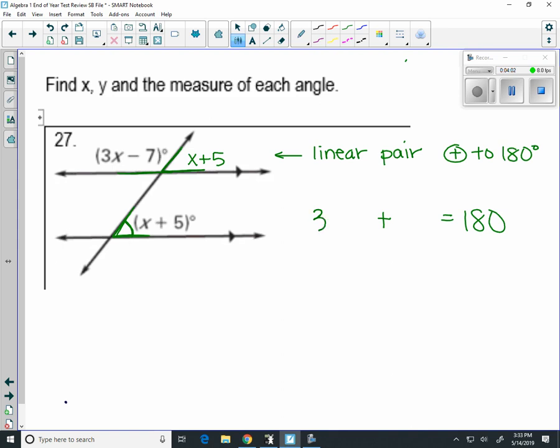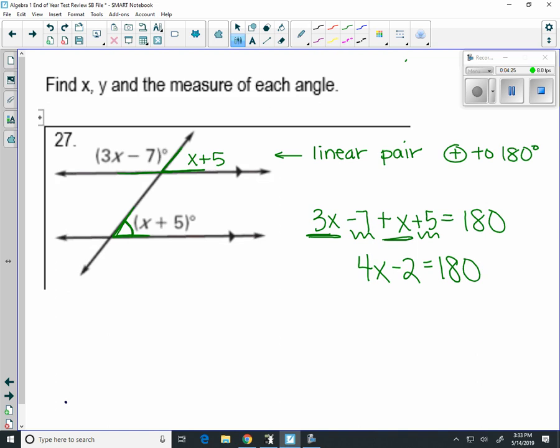So 3x minus 7 plus x plus 5 equals 180. Make sure you're being careful in combining your like terms before you move across the equal sign. 3x plus x is 4x. Negative 7 plus 5 is negative 2.